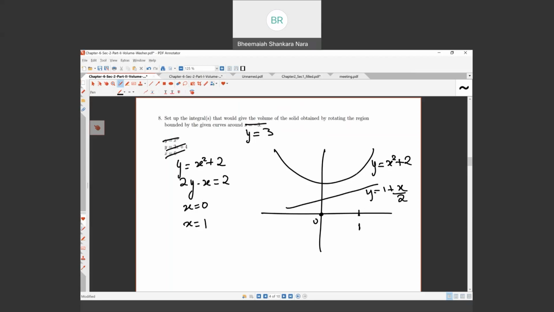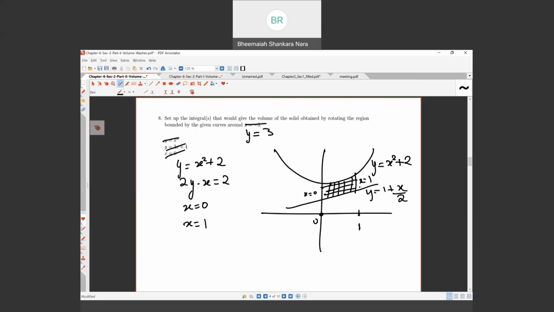That's this line. And this is our x equal to 0 line. So it's this region, which will be the shaded region for the problem.